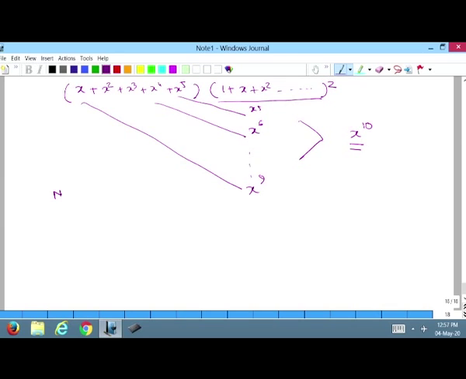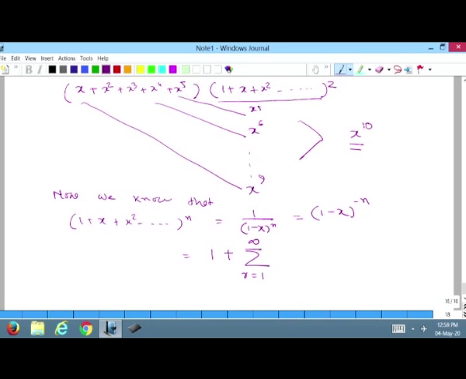Now, we know that (1 + x^2)^n... (1 - x)^(-n) = 1/(1 - x)^n, which can be written as 1 + sigma over r = 1 to infinity of (n - 1 + r choose r) x^r.